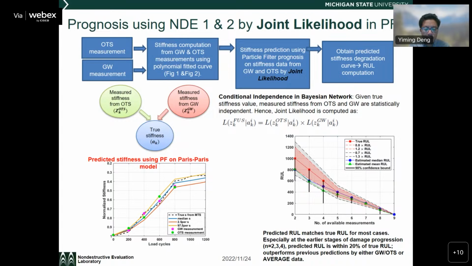You predict the stiffness using particle filtering, and with more and more measurements, where we have 4 or 5 measurements from both NDE methods, we already have a very good remaining useful life estimation.